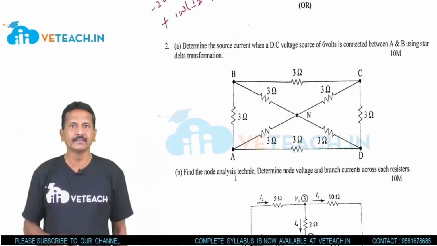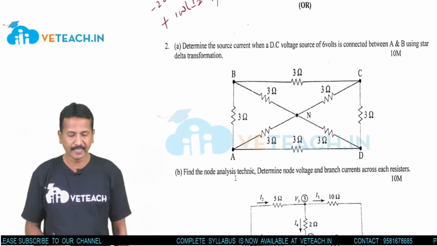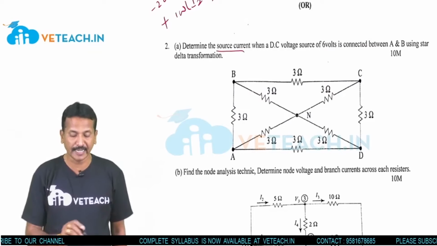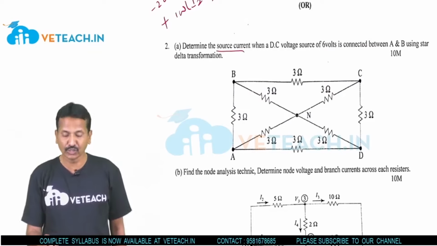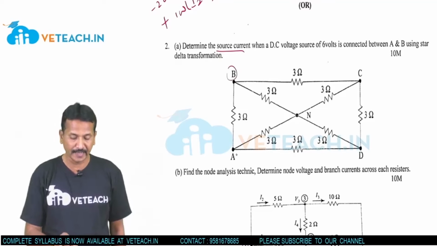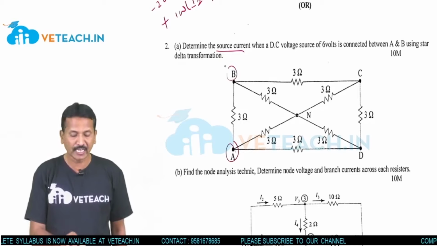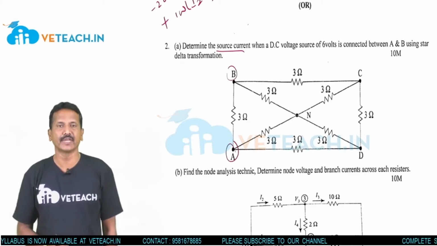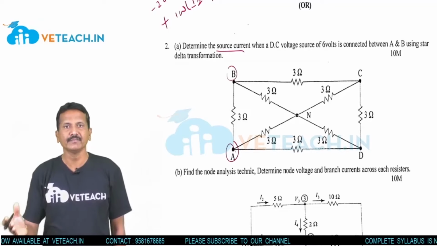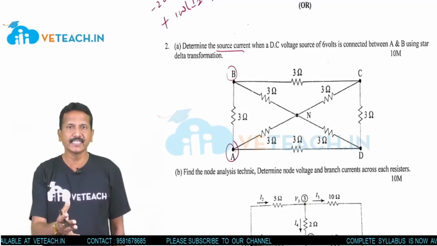In module 1, another question: determine the source current IS when a DC voltage source of 6 volts is connected between A and B, using star delta transformation. One more method is there. Ohm's law first of all. Next, Kirchhoff's laws, KVL, KCL.